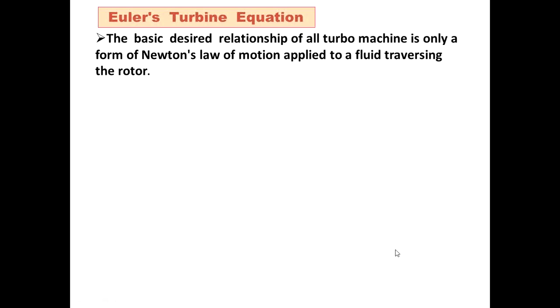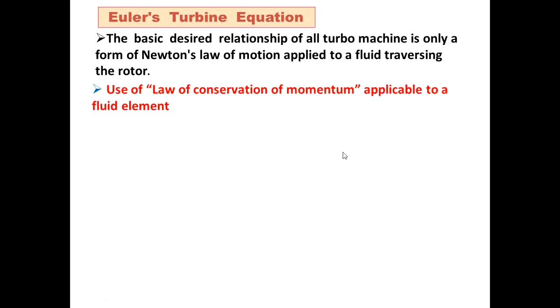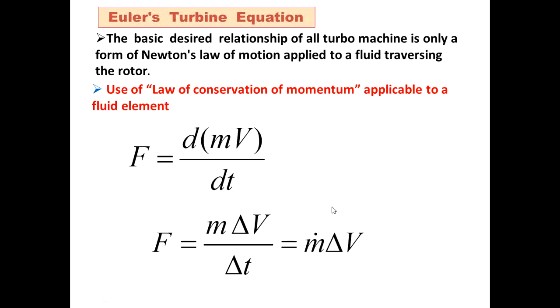Therefore to learn the velocity triangle and all, first and foremost you want to apply the law of conservation of momentum. Fluid, you know this equation very well. Force F is equal to rate of change of momentum. Rate of change of momentum, that will give the force. According to Newton's second law, it states that applied force is directly proportional to the acceleration.